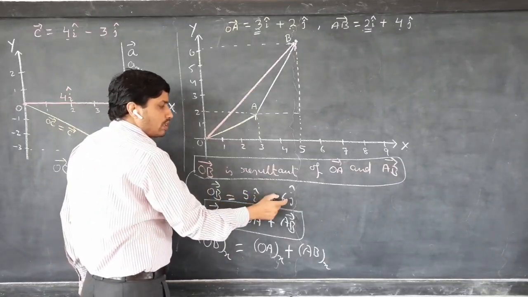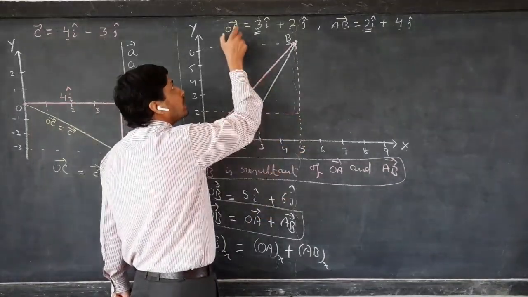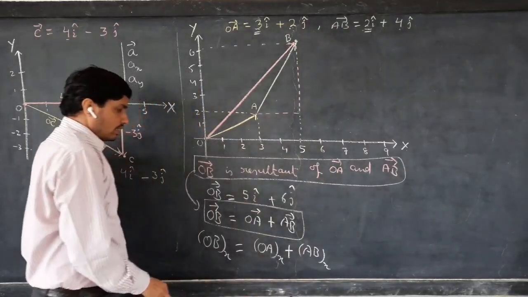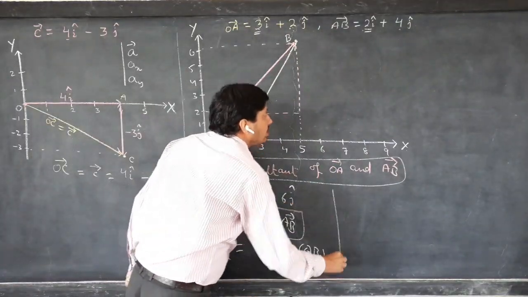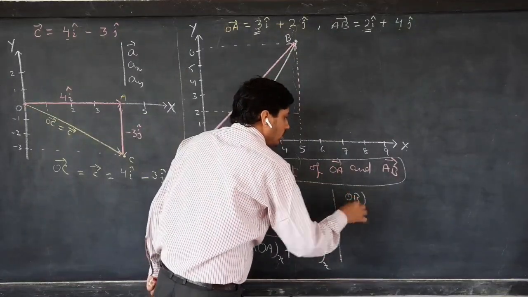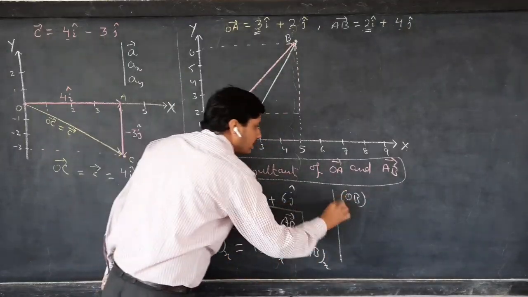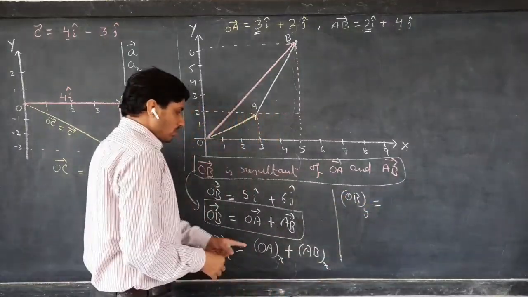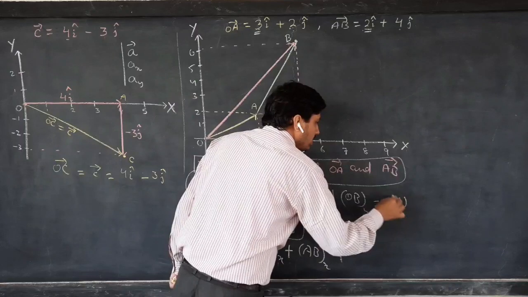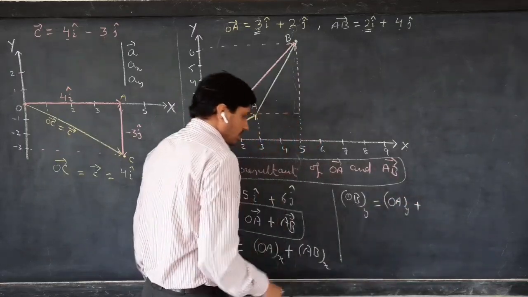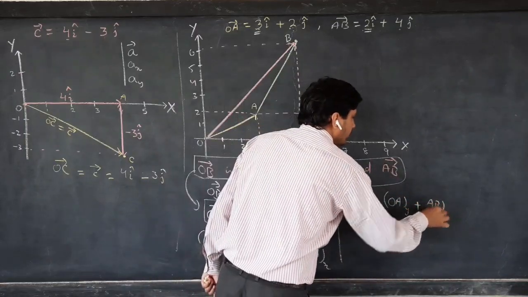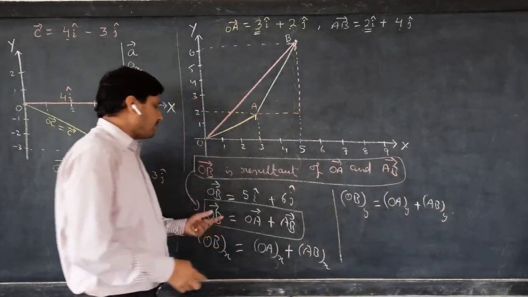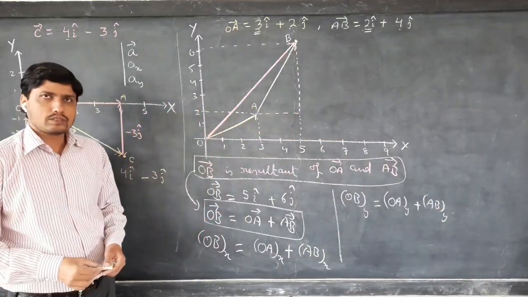The y component of OB vector is the sum of y components of OA vector and AB vector. So that also we can write: OB y component is equal to OA y component plus AB y component. This is the meaning of resultant.